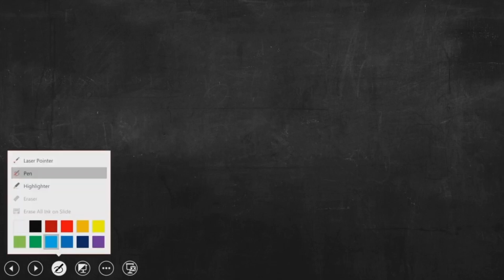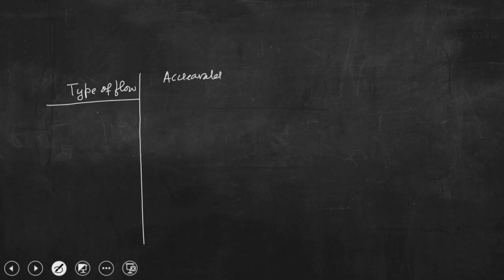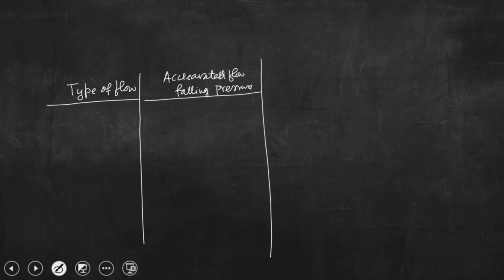So, let us write like this: type of flow, then accelerated flow, that is falling pressure, and finally we have another category, that is retarded flow, rising pressure.